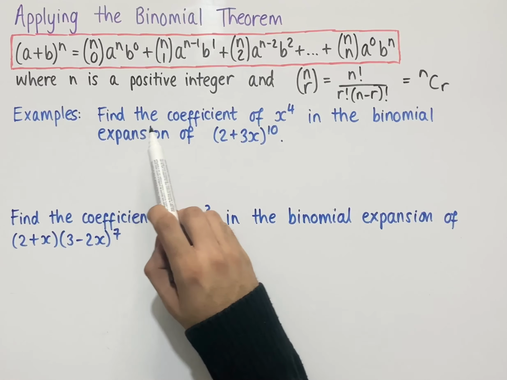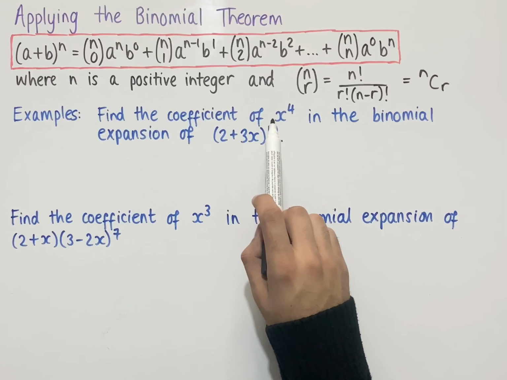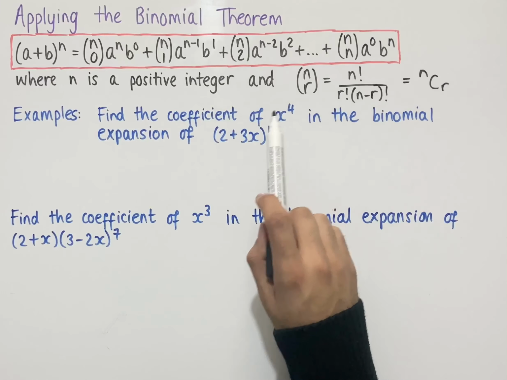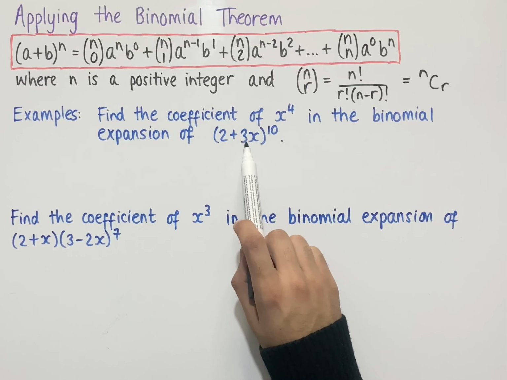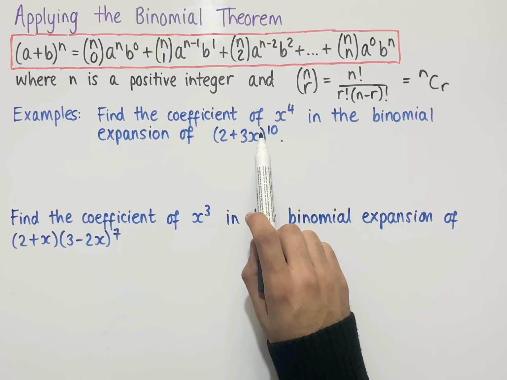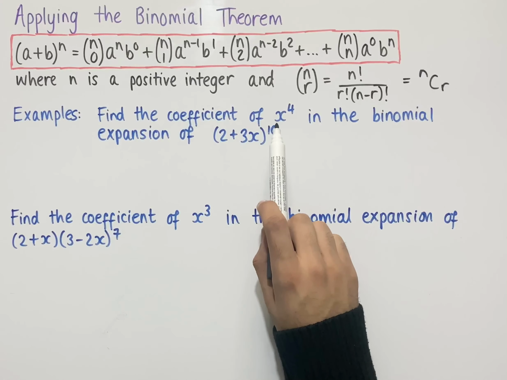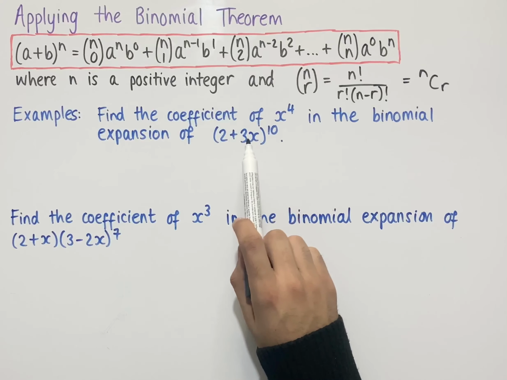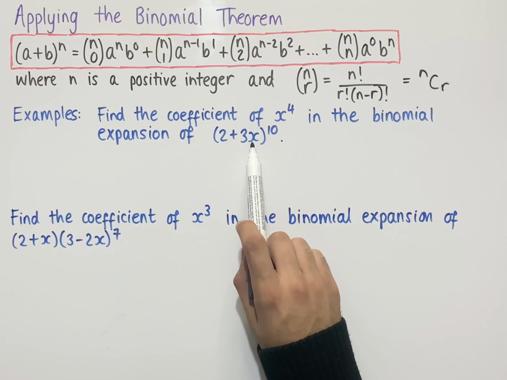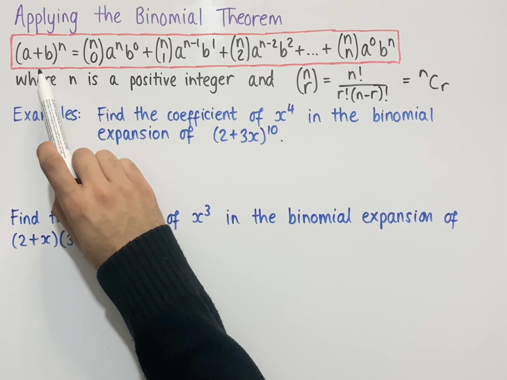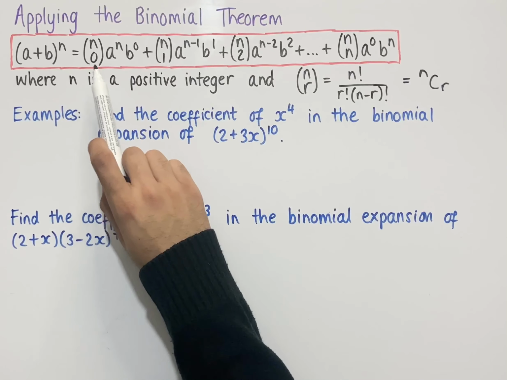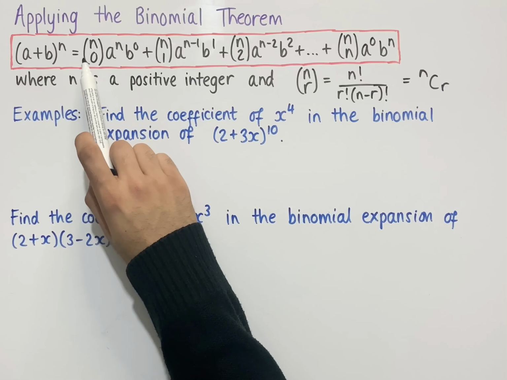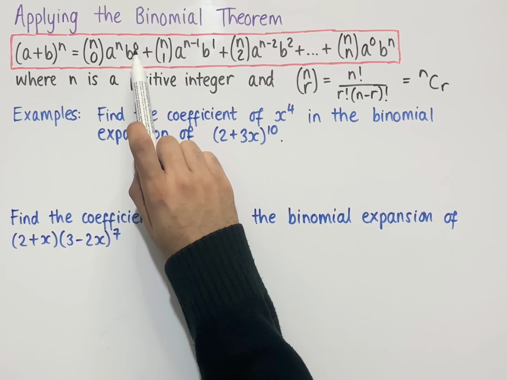Since we're trying to find the coefficient of x to the power of 4, we know that we would need b to be raised to the power of 4 to get a term that has x to the power of 4, since b is equal to 3x. Looking at the binomial theorem, if we look at each of the terms one by one, in the first term, b has a power of 0.